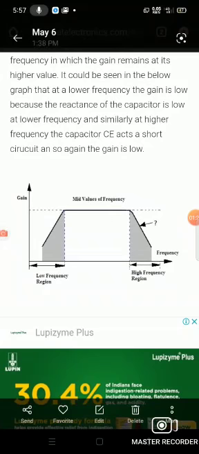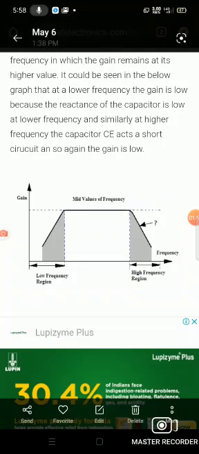In this response we have three frequency regions. The low frequency region is at lower frequencies, the middle frequency region is in the middle, and the high frequency region is at higher frequencies. In these three regions we have to consider the amplifier output signal strength.